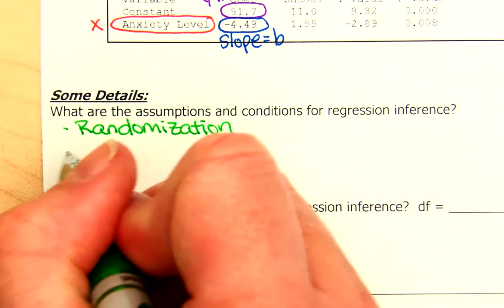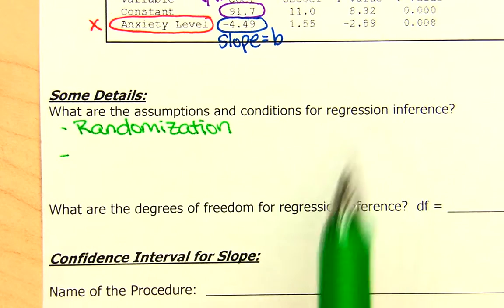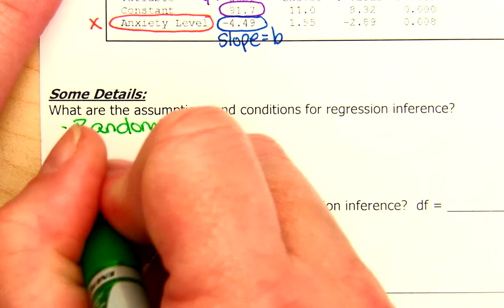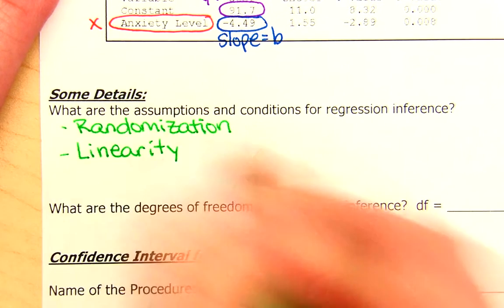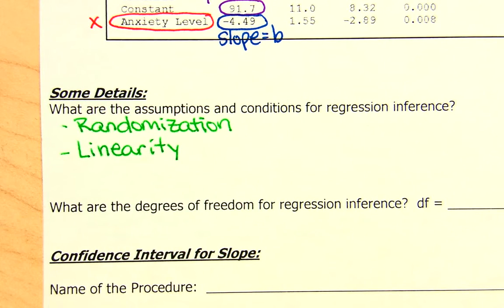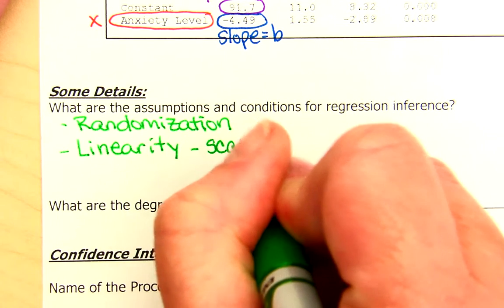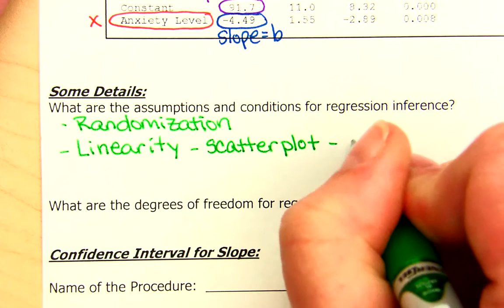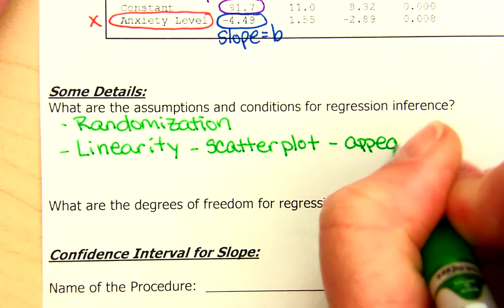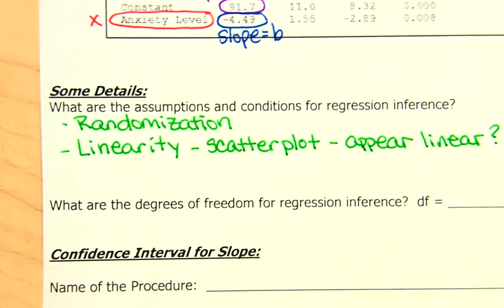Okay. The other one we want to look for, if we're doing regression, we're talking about a linear function. So we want to know, is it linear? So we check for linearity, and there are two different ways you can do this. So you can check with a scatter plot. And there you're looking for, does it appear linear?